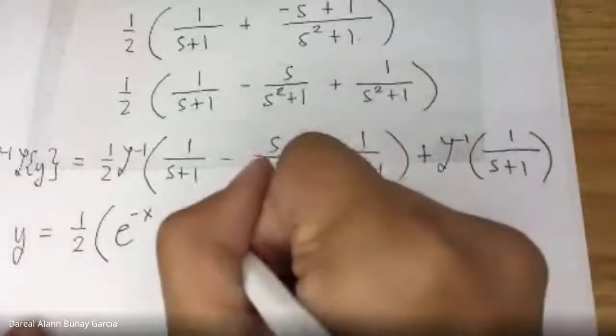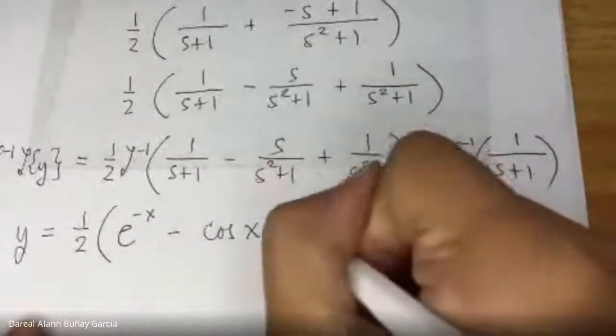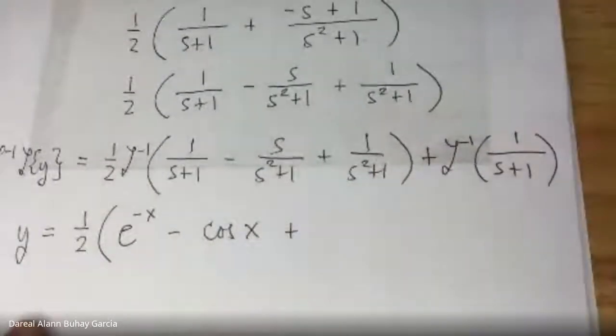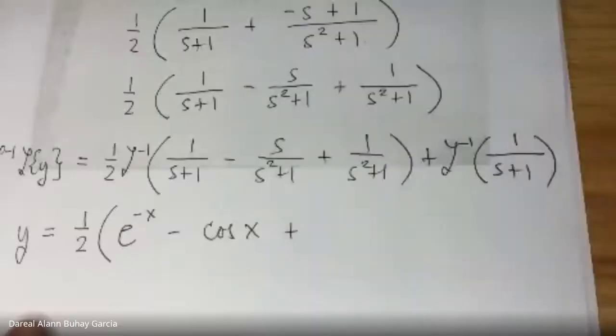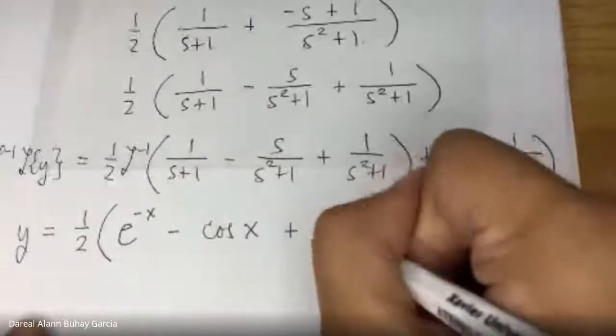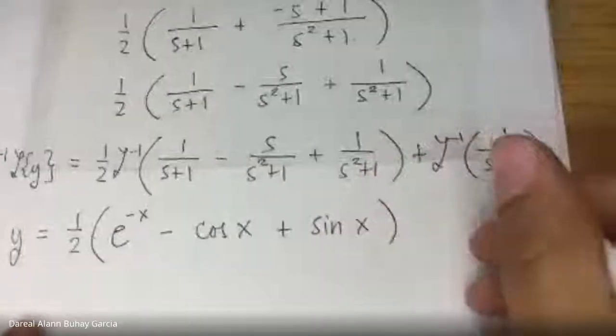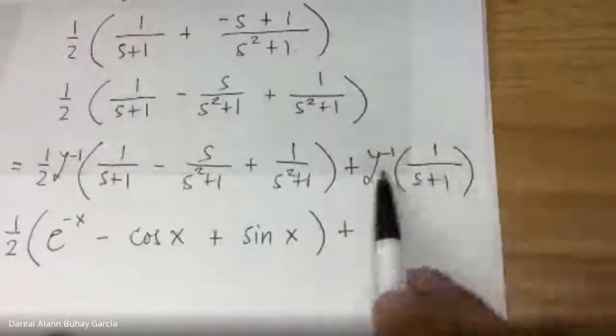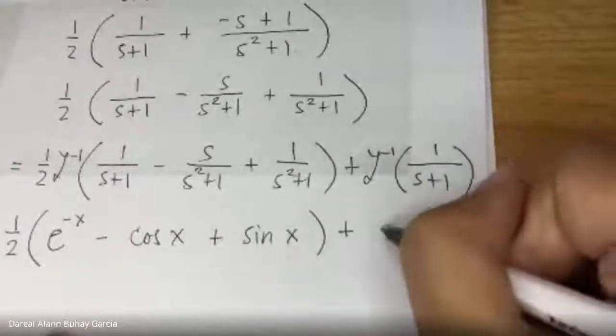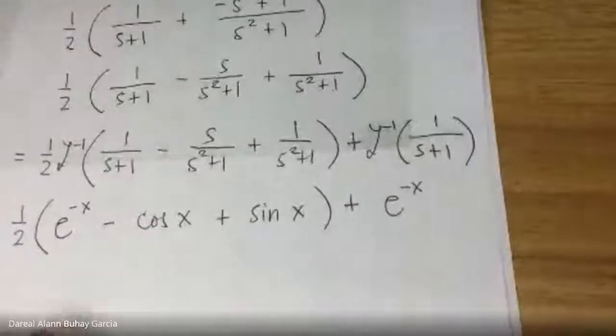So minus cos x. Plus this 1 over s squared plus 1 is plainly sine x. This is the same as e to the power of negative x.